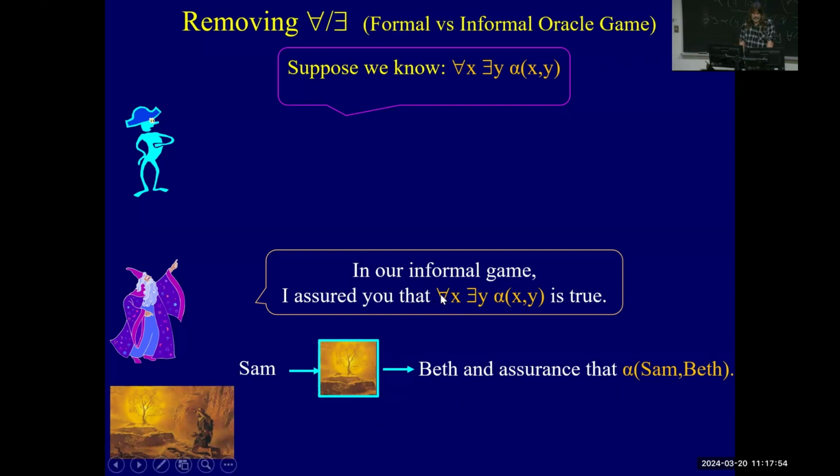If for every x there exists the y, you say Sam, she says yes. She gives you Beth and assures you of it. That's the way the game was working. You give her a different object, she gives you a different y.